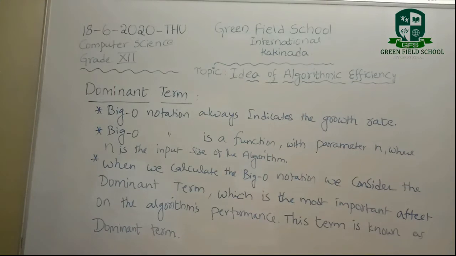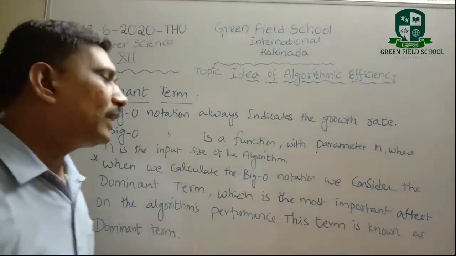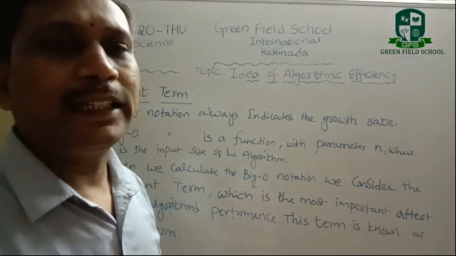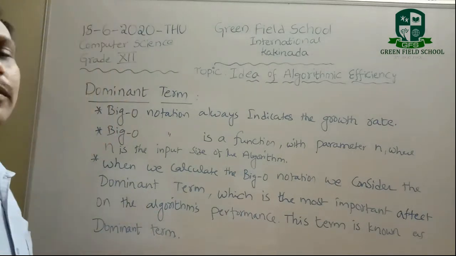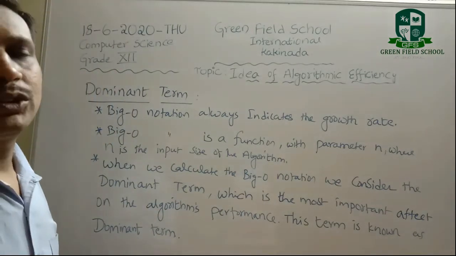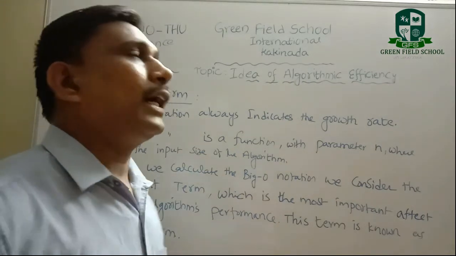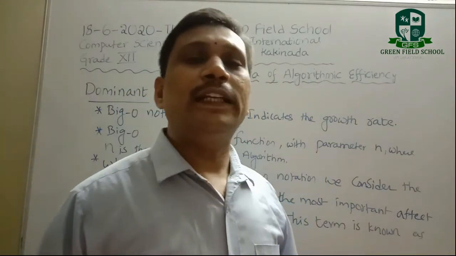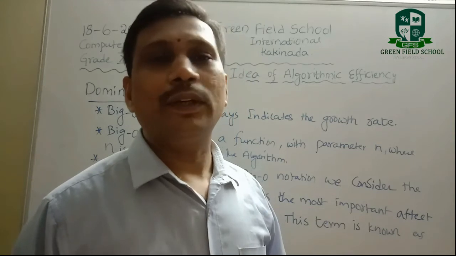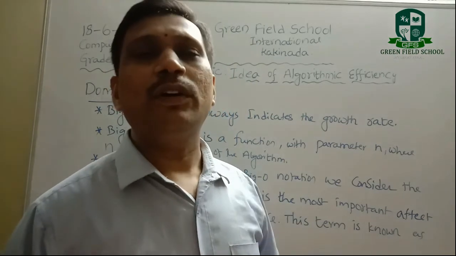Next, when we calculate the big O notation, we consider the dominant term. What is meant by dominant term? The dominant term affects the main part; it plays a very important part when you are calculating big O notation.